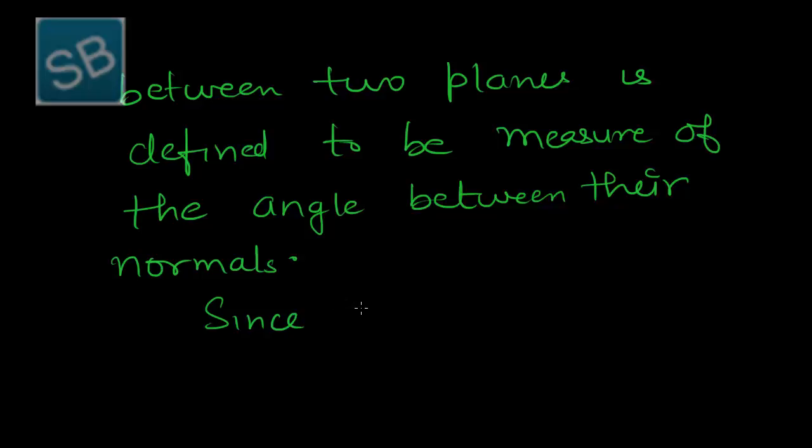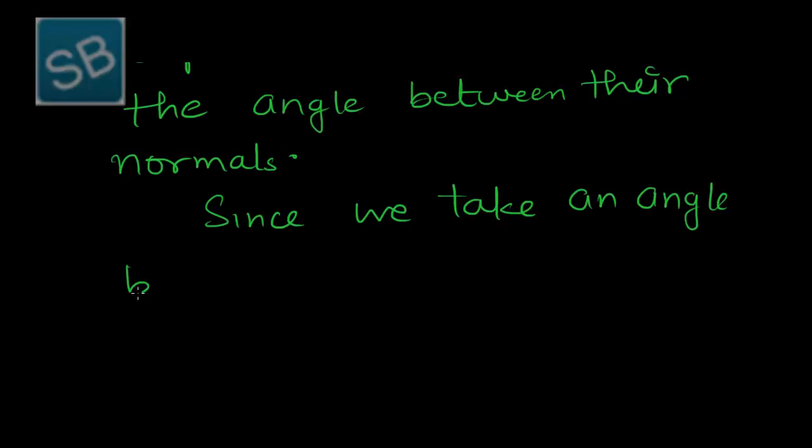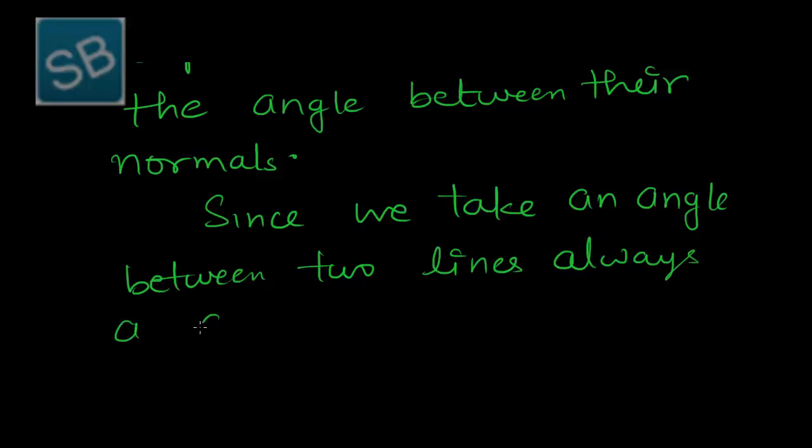Since we take an angle between two lines always as an acute angle, that is an angle less than 90, then normals are also lines.